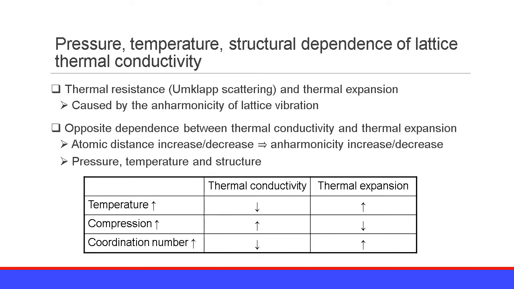As we discussed, thermal resistance, or equivalently Umklapp scattering, and thermal expansion are both caused by the anharmonicity of lattice vibration. Therefore, the thermal conductivity and thermal expansion should have opposite dependence on pressure, temperature, and structure.